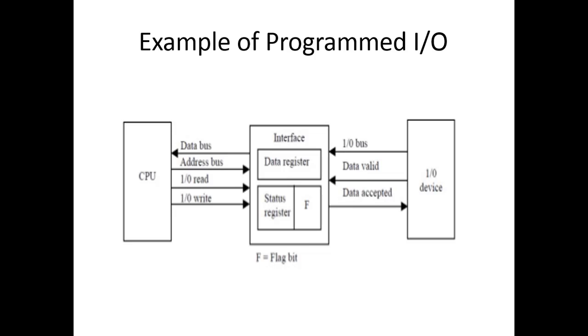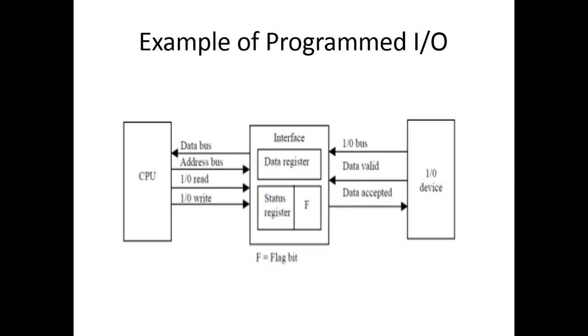If some address values are required to be provided by the CPU to the interface to complete this transfer, then that address value is placed onto the address bus. For providing the control signal inputs for read or write operation, the CPU uses I/O read or I/O write control values which can be forwarded through a control bus.